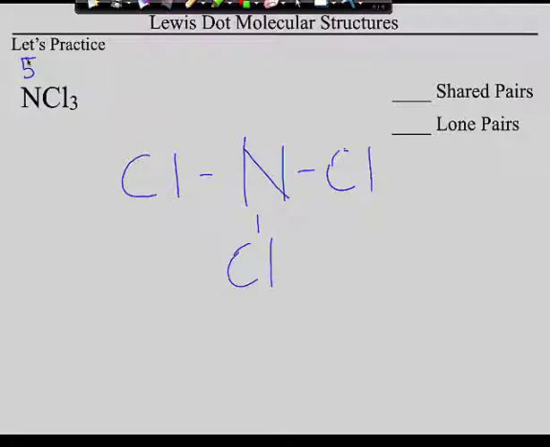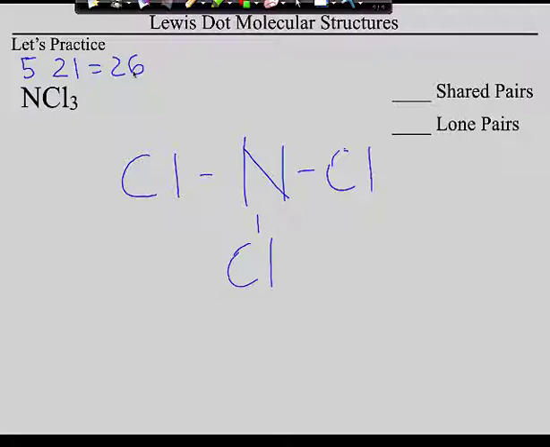Now, how many valence electrons does chlorine and all of the halogens have? 7. But how many chlorines are there? There are 3. 3 times 7 is 21. And you add those together and we have 26 valence electrons to muck around with.